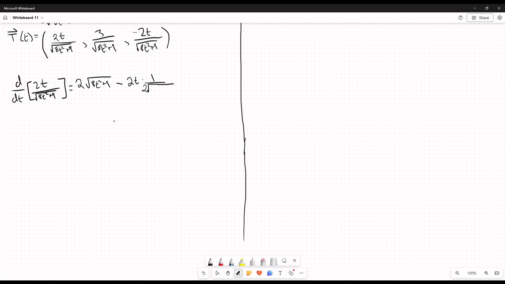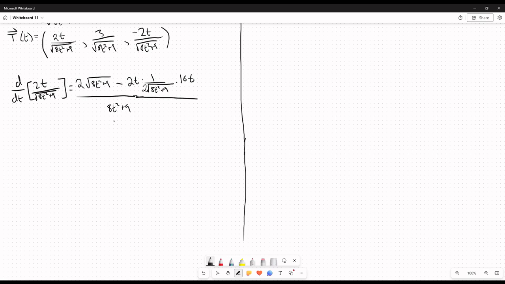This is going to be 1 over 2 square root of 8t squared plus 9, and then by the chain rule, I'm going to multiply by 16t. All of that over the square root of 8t squared plus 9, squared, which is just 8t squared plus 9.